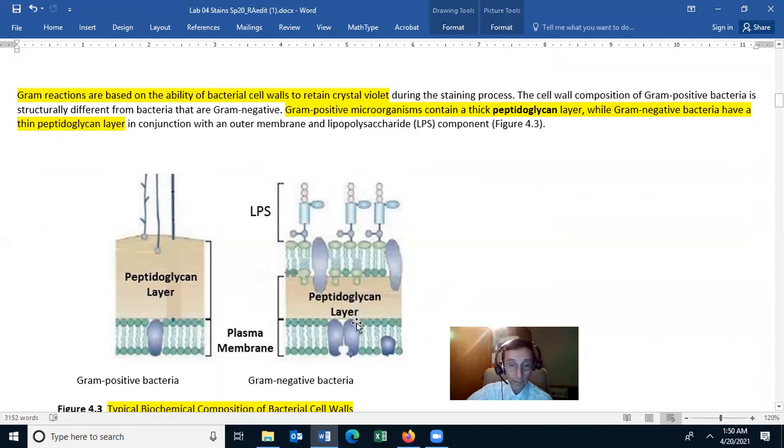When the crystal violet and iodine first stain these gram-negative cells, they do stain purple, but when we decolorize the cells, the crystal violet and the iodine wash out of these cells. And it's just because of the thickness of the peptidoglycan layer.